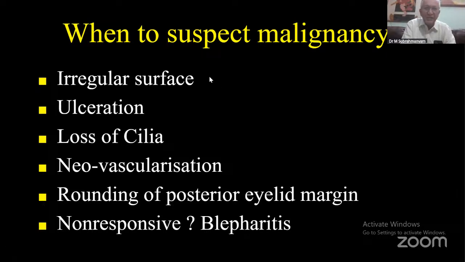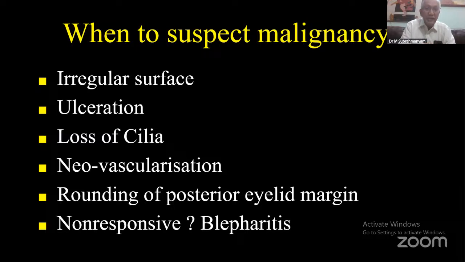If the surface is irregular, if there is an ulceration, loss of cilia, because as the tumor infiltrates the hair follicles, there will be loss of cilia. There could be new blood vessels and rounding of posterior eyelid margin, and a suspected blepharitis which is not responding to medical treatment for 3 to 4 weeks.